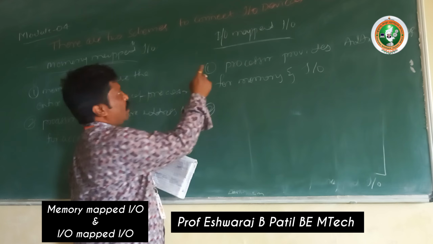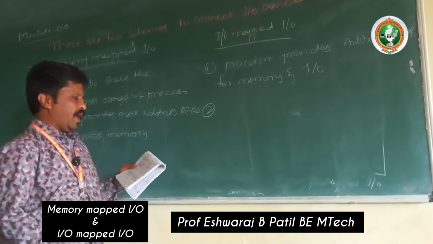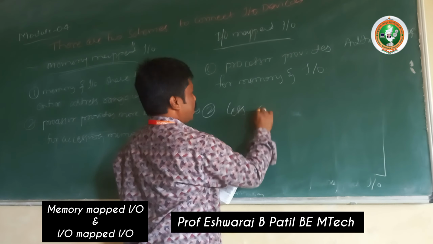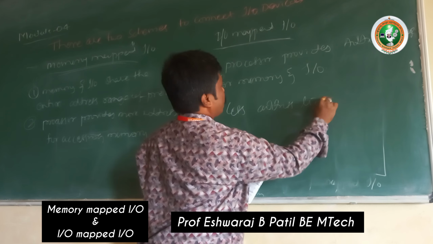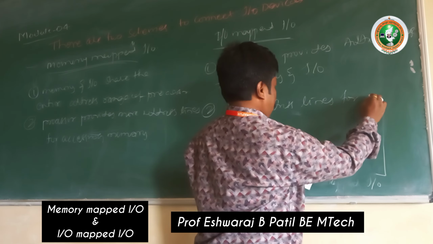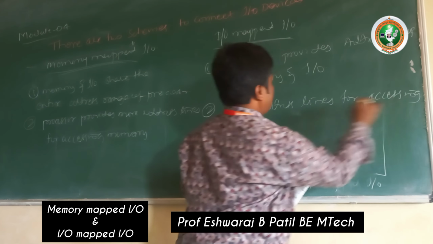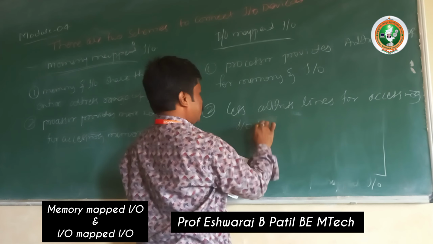On the right side, on the IO mapped IO side, there are fewer address lines for accessing IO devices.